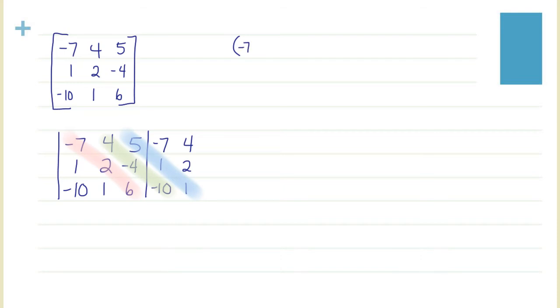So what we're going to do is multiply negative 7 times 2 times 6, and we're going to add 4 times negative 4 times negative 10, and then we're going to add 5 times 1 times 1.